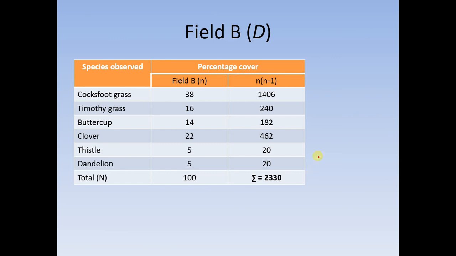All right, so now we'll do the same thing for field B. So here again, I wrote down the numerator of the expression right here. 38 times 37, 16 times 15, 14 times 13, 22 times 21, 5 times 4, 5 times 4, add them all up right here.